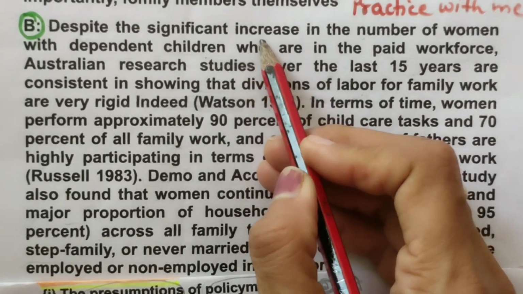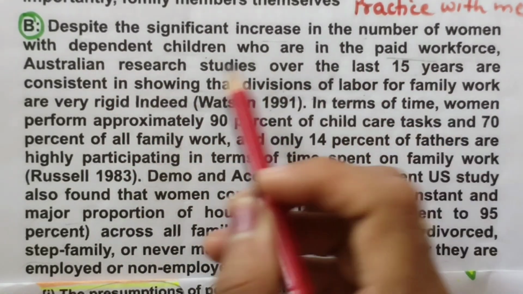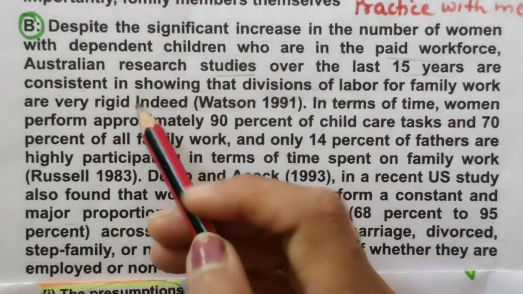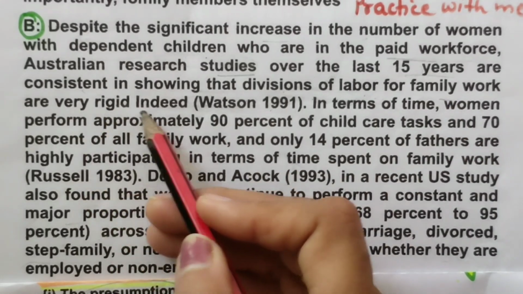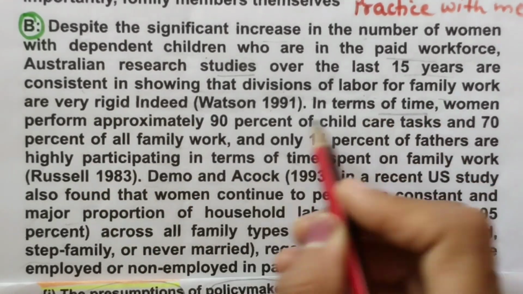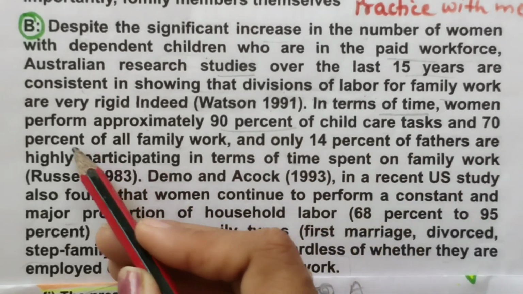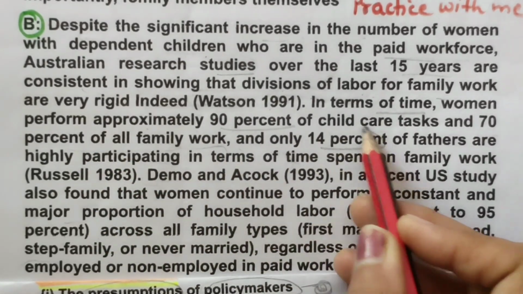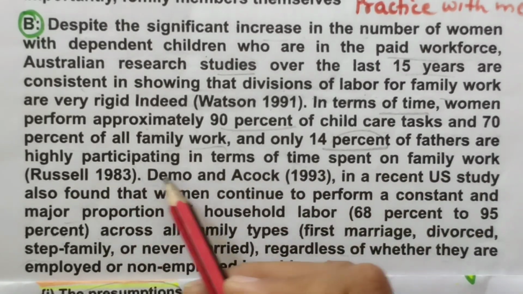Despite the significant increase in the number of women with dependent children who are in the paid workforce, Australian research studies over the 15 years are consistent in showing that the division of labor for family work is very rigid. In terms of time, women perform approximately 90% of childcare tasks and 70% of all family work. Only 14% of fathers are highly participating in terms of time spent on family work.